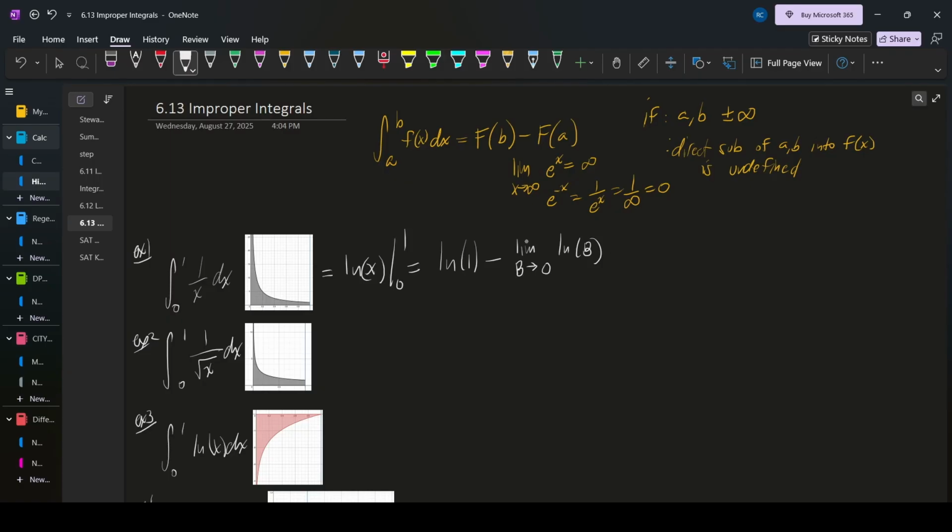The limit as b approaches 0 of natural log of b, that is negative infinity. So we have natural log of 1, which is 0, minus negative infinity, so plus infinity. So essentially this area from 0 to 1 underneath this curve is an infinite area. When our area is infinite, we say that the integral diverges.